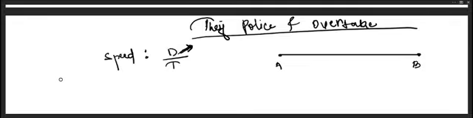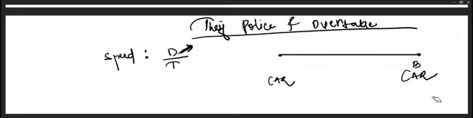There are 2 points, point A and point B, and a car is moving from point A to point B. If I ask you what is the distance that has been covered by the car, then you will say the distance between A and B will be the distance covered by the car.